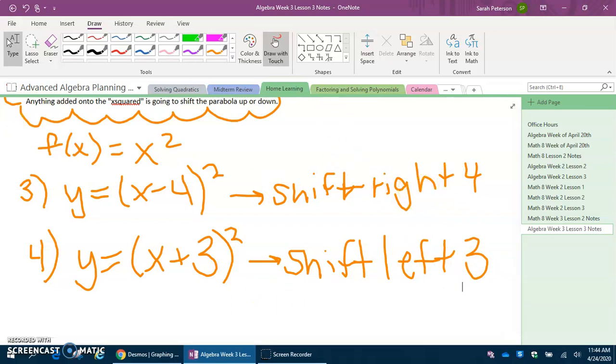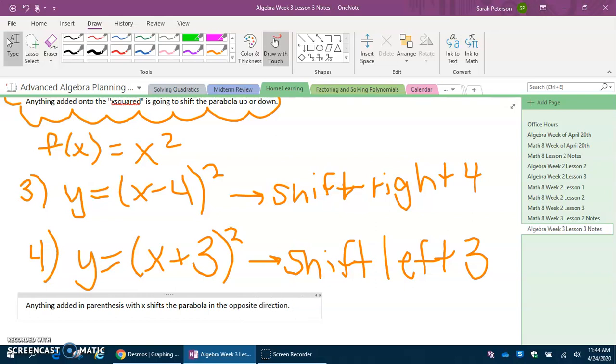So let's type a rule for this. I'm going to type it down here. Anything added in parentheses with x shifts the parabola in the opposite direction.